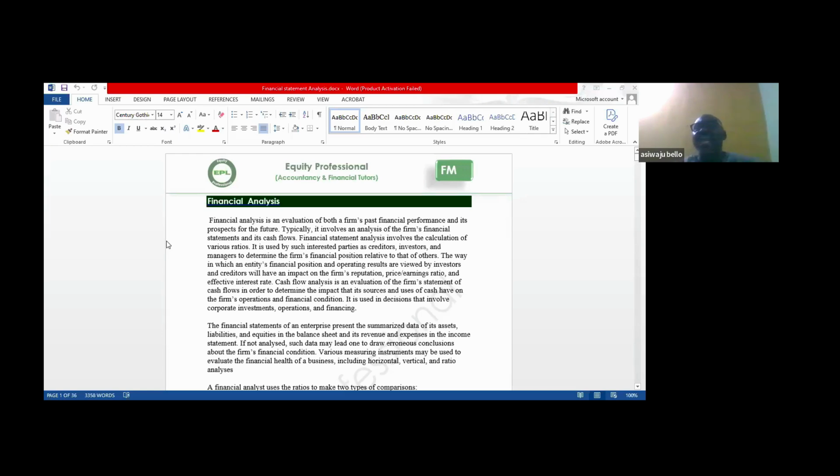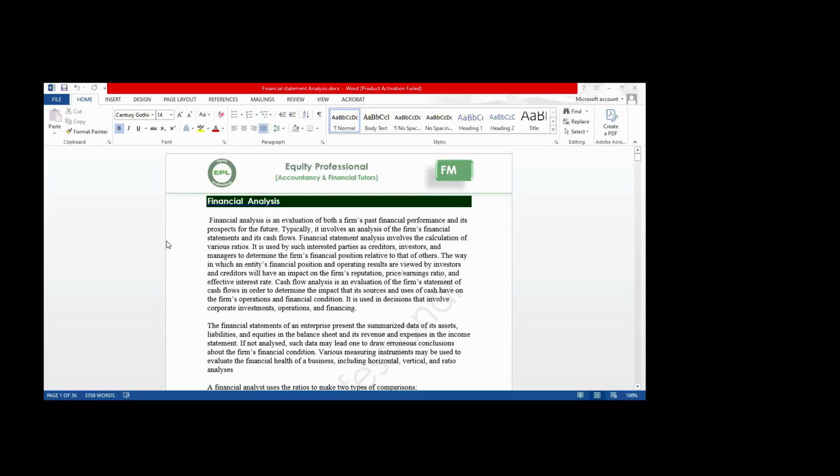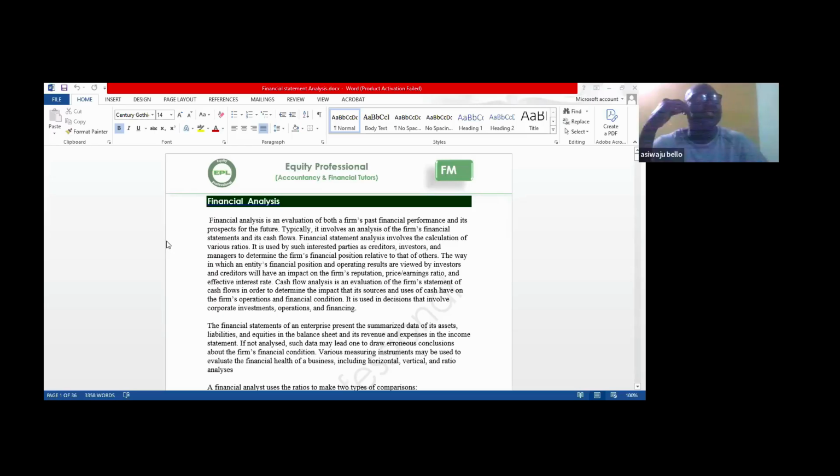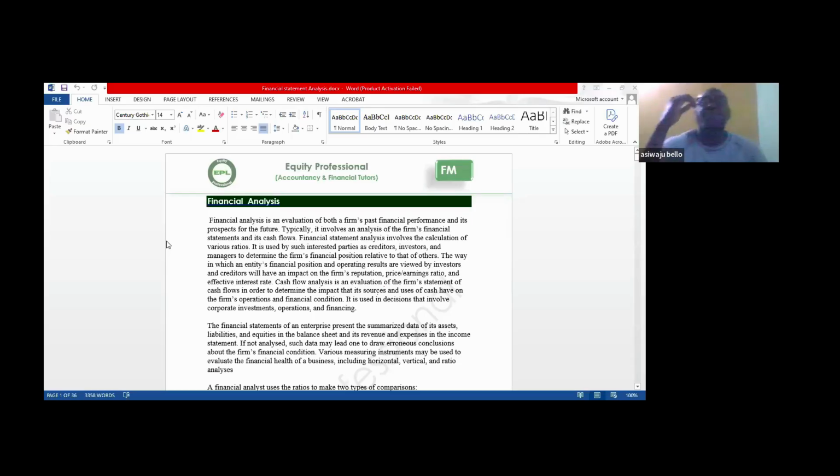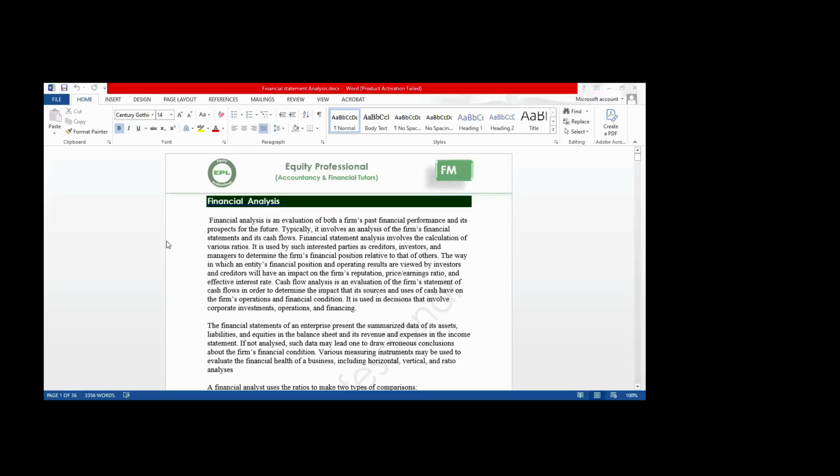To carry out this analysis, you can do horizontal analysis of the financial statements, what we call trend analysis. Or you can do vertical analysis of the financial statements, or you can carry out ratio analysis.